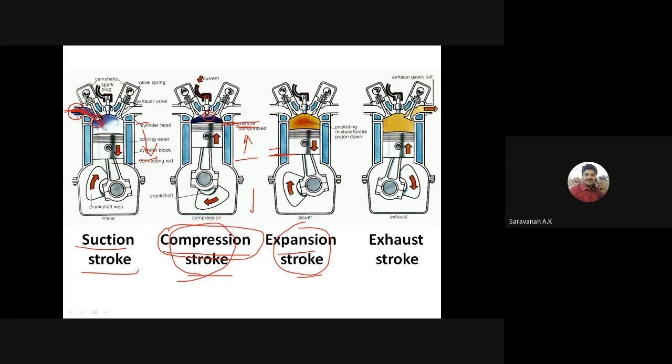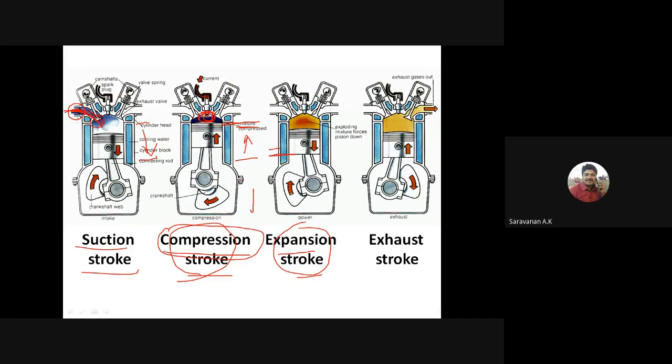Then the air fuel mixture is compressed through the movement of the piston from BDC to TDC. While compressing, the air fuel mixture gets high pressure as well as temperature. At the end of the compression stroke, the spark will be ignited, and due to the ignition, the combustion takes place.